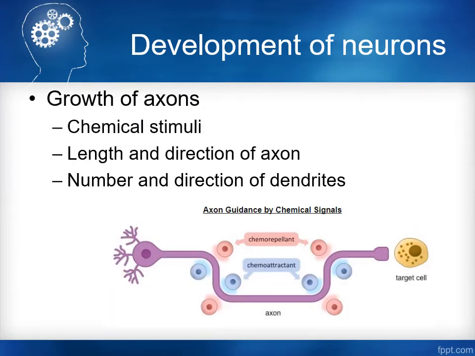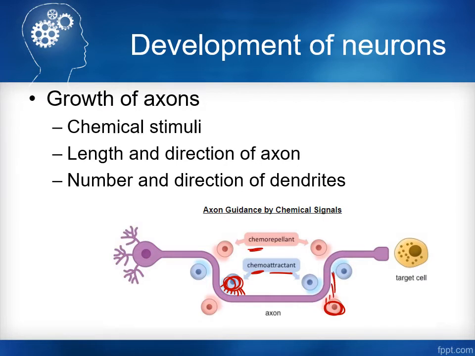We can get these axons to grow with lots and lots of chemical stimuli, which is going to affect not just the length of the axon, but also what direction it grows in, and also how many dendrites start to grow. So we can add some chemical signals. Some of them are attractants. So I can have this chemical signal that's going to cause the axon to want to be toward it. We can also have chemical signals that are repellents that are going to push the axon away from it.